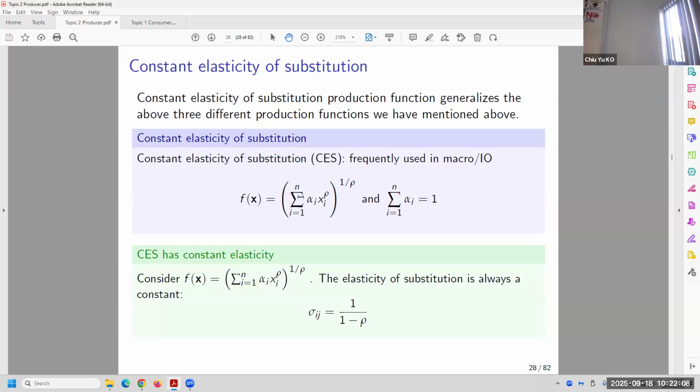And the last one, to get this, we make the assumption of constant elasticity of substitution, which means that if you rotate a little bit, the MRTS just follows. You rotate, remember this, right?